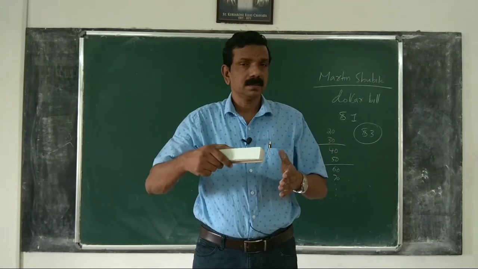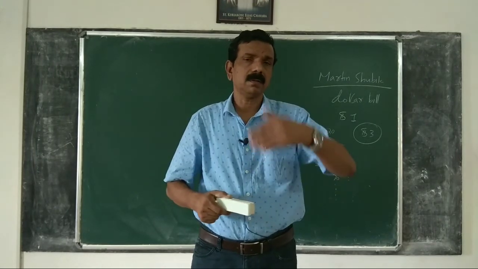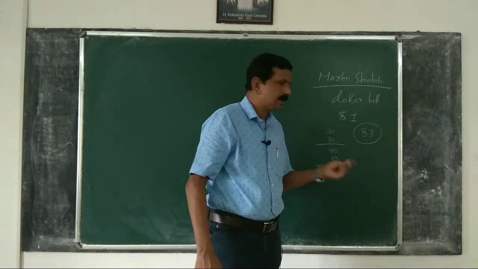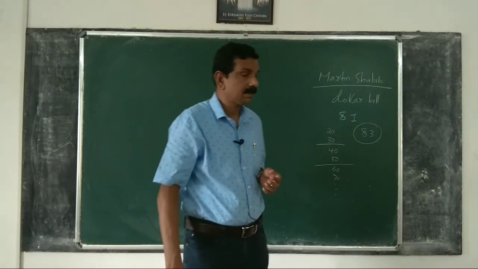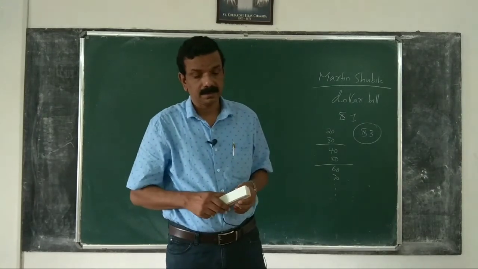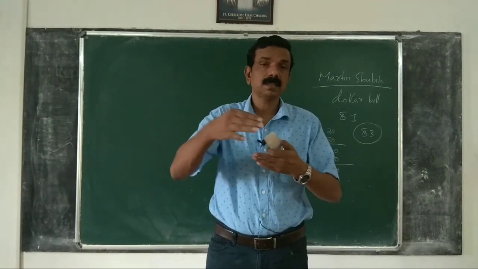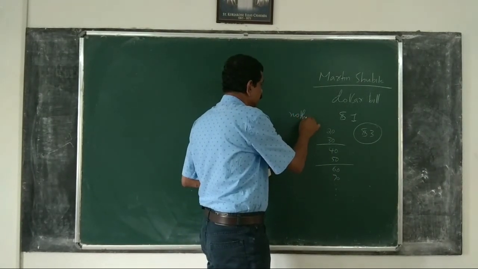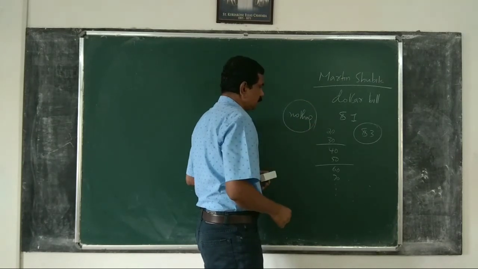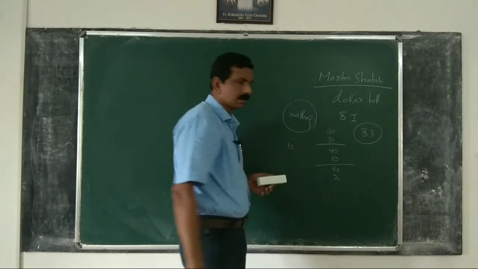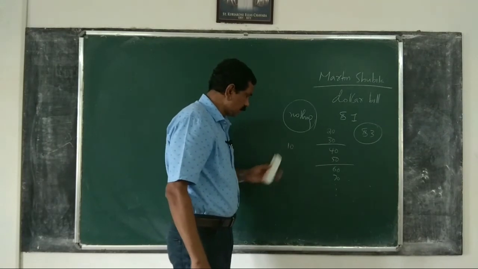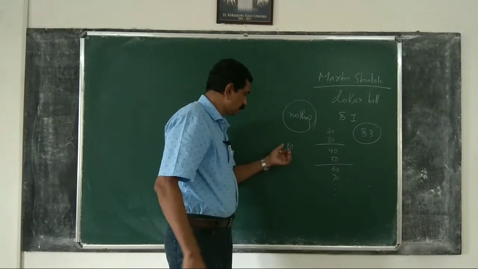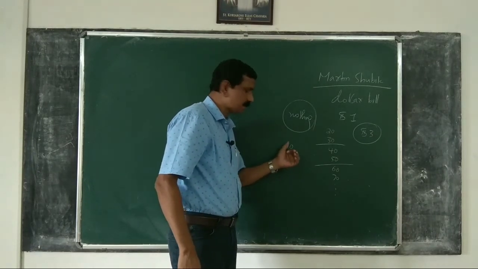So that means you misjudge. Your competitor also misjudges. So what is the best way to play this game? The best way to play this game is to bid nothing. If you bid any amount, say 10 cents, your competitor always bids more than that. Then if you do not increase the amount of bid, you will lose money.